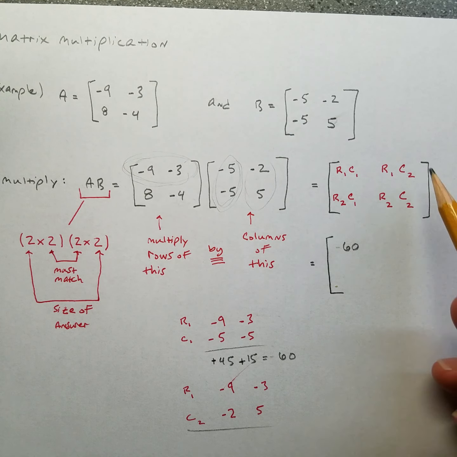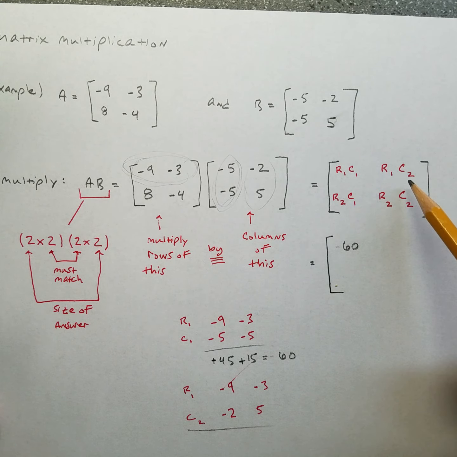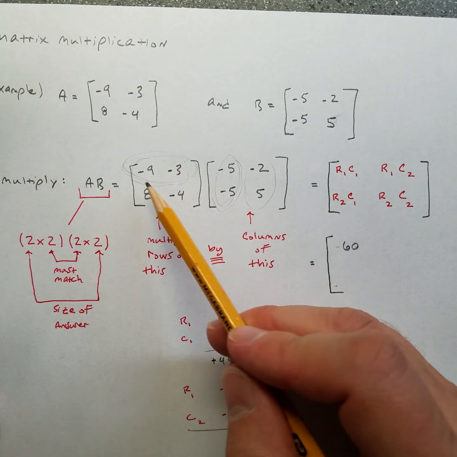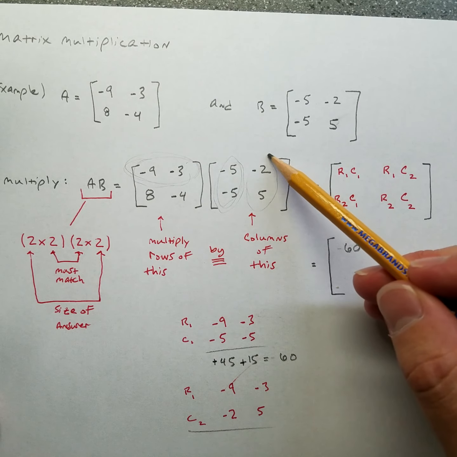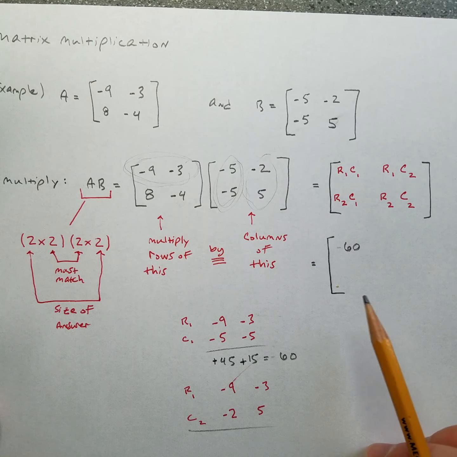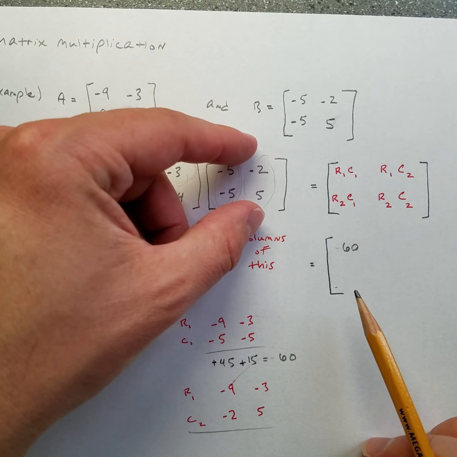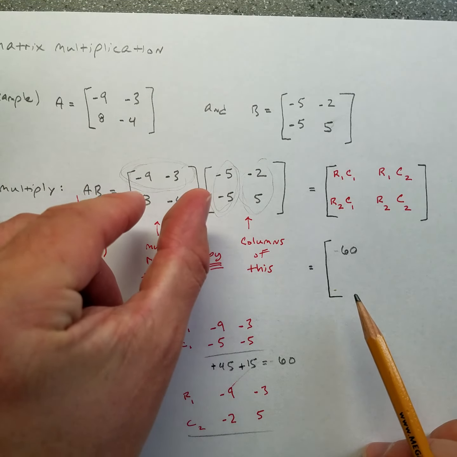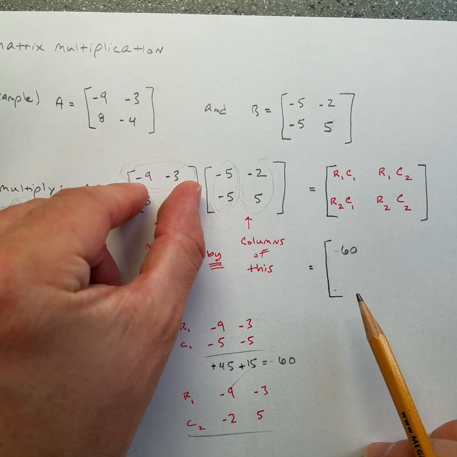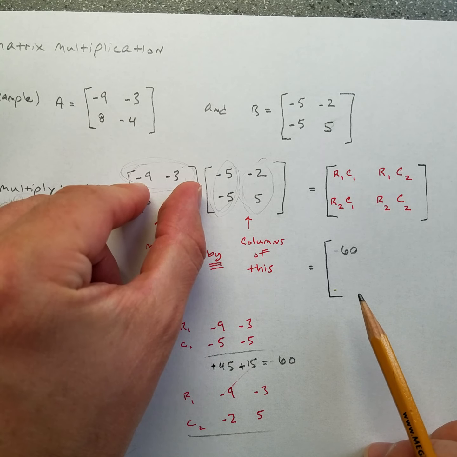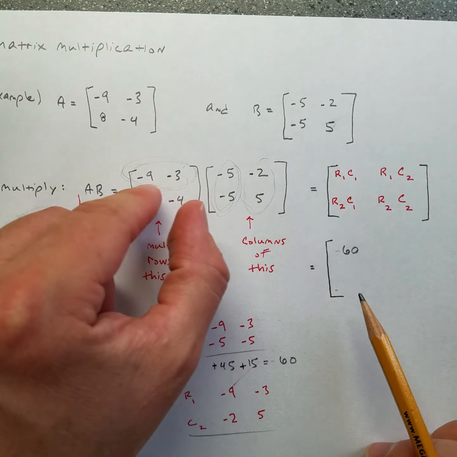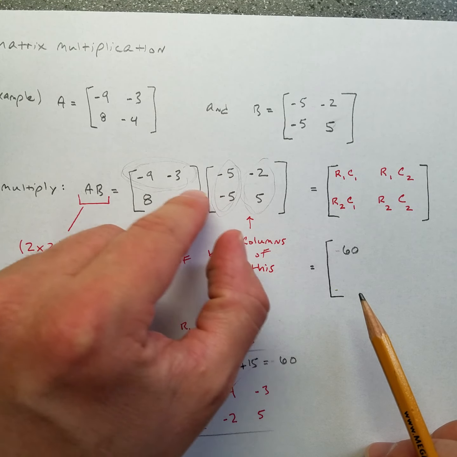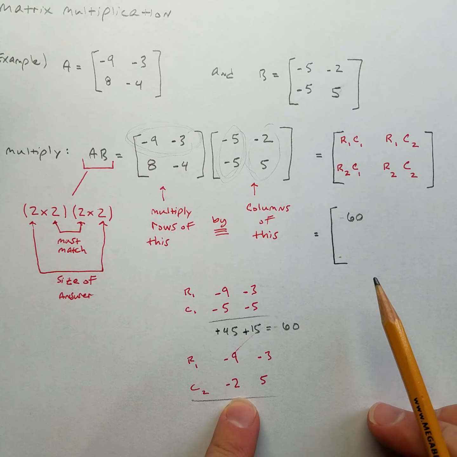Now let's try to do the others more or less from scratch. Here, row 1 times column 2. So there's row 1, and then this would be column 2. Again, imagine I pick this up and turn it sideways like that, how would it fit over this row? The negative 2 would be on top of the 9, and the 5 on the 3, see?